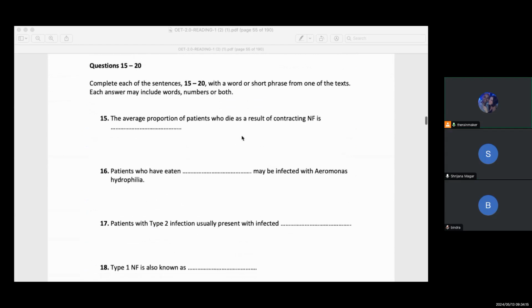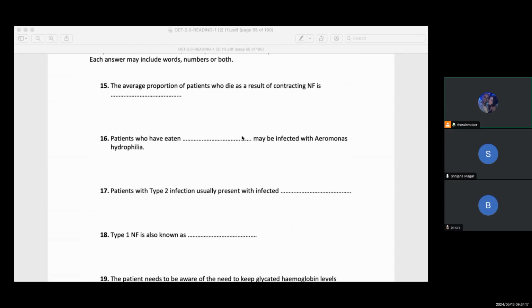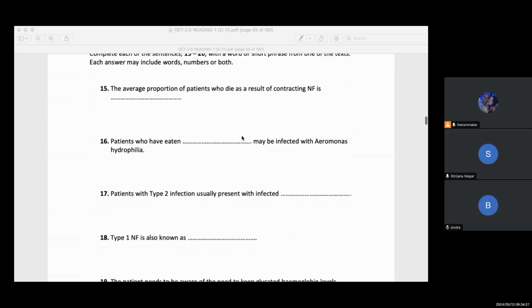Right? Now look at this. 16. Patients who have eaten blank can be infected with Aeromonas hydrophilia. So where do you think it is?